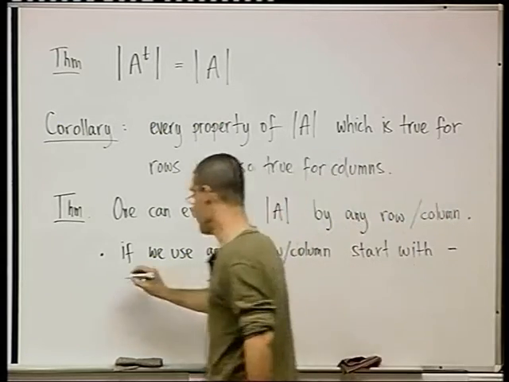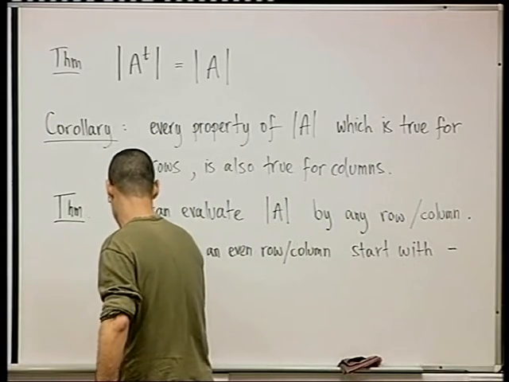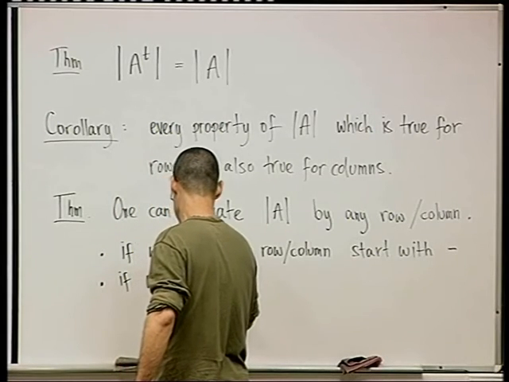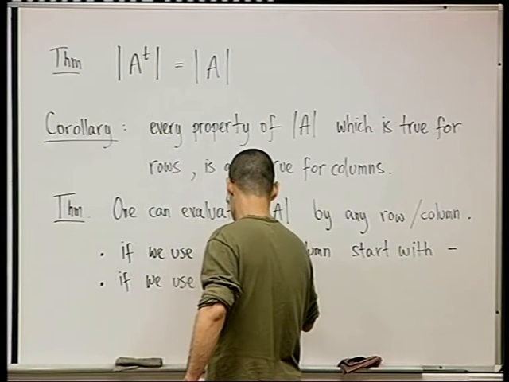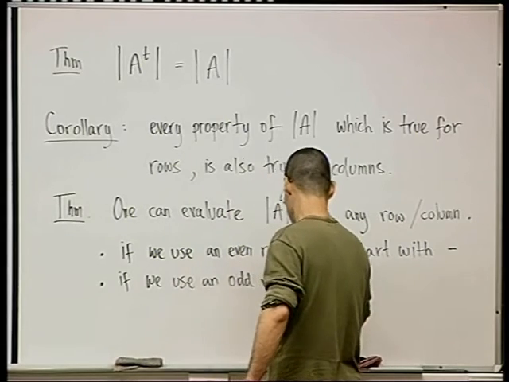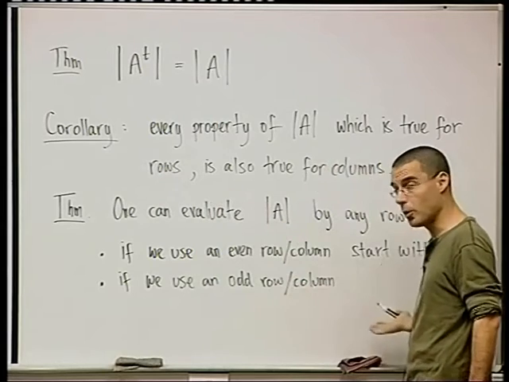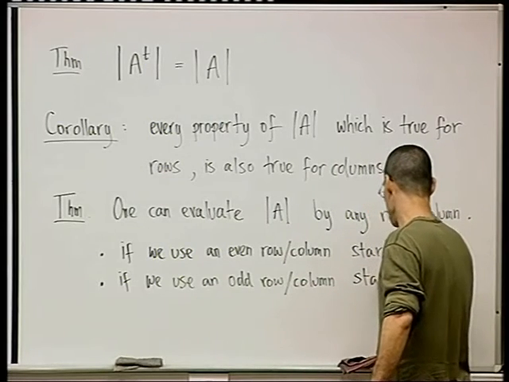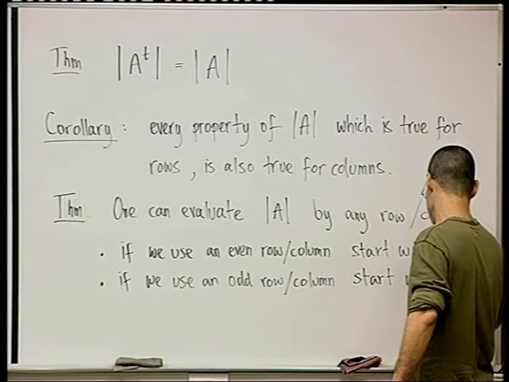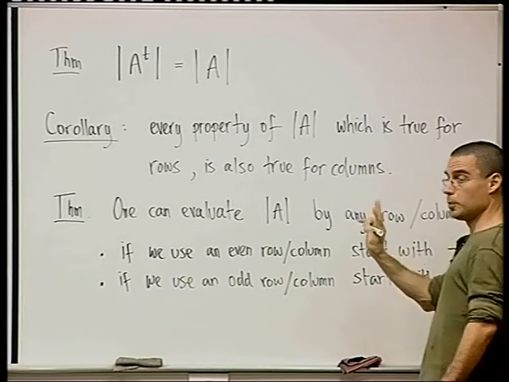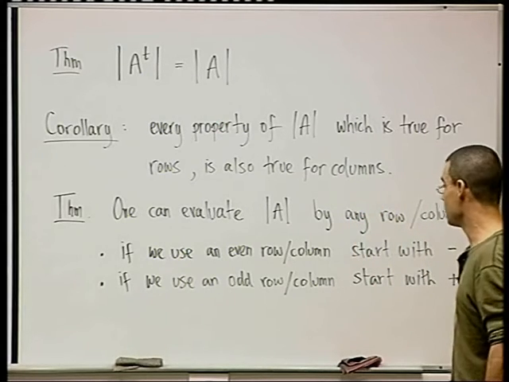And if we use an odd row or column, like we did when we used the first row, then we start with a plus. And then do plus minus, plus minus, plus minus, always.